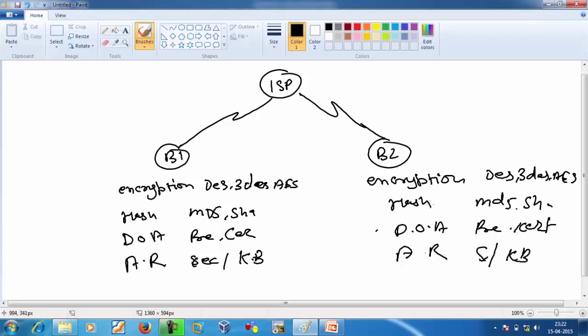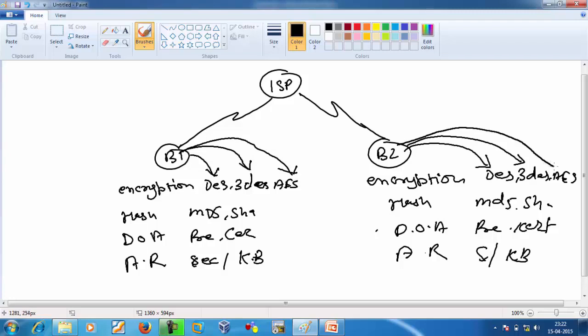Now the question is, when a large variety of algorithms is available, if branch 1 is using DES for encryption, it is mandatory that when branch 2 decrypts the data, it will use the same DES. If branch 1 is using 3DES to encrypt data, it's mandatory that branch 2 should use 3DES to decrypt. If branch 1 is using AES for encryption, branch 2 should use AES to decrypt.